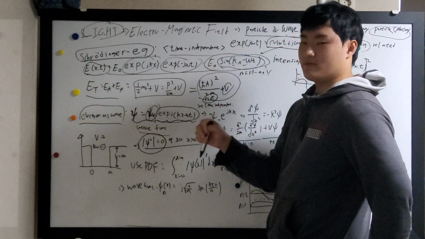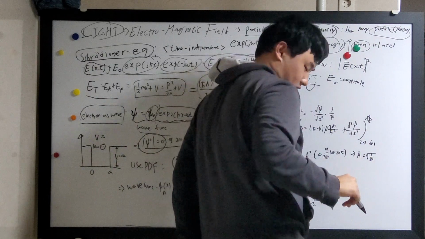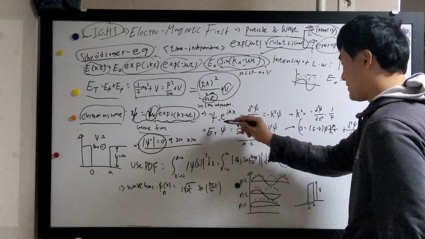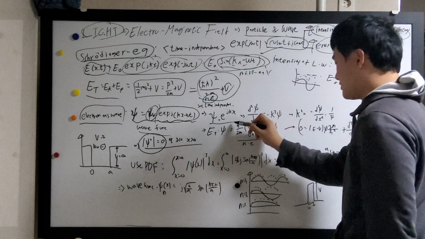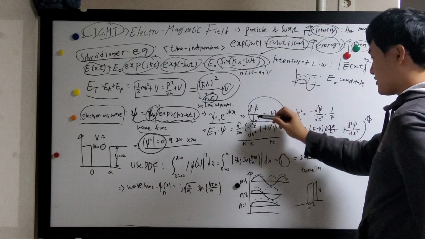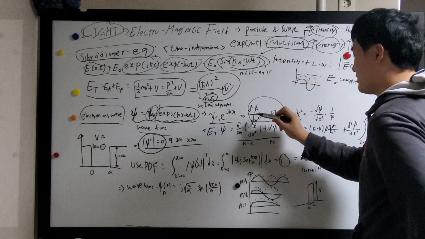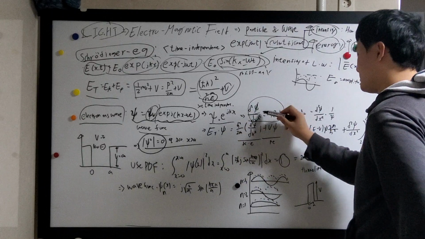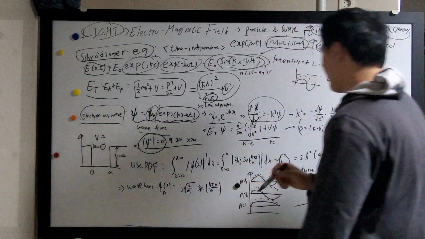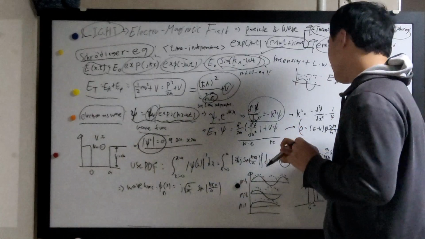This is the wave function of the electron, and applying this, the second derivative, d squared psi over dx squared, is the same as k, the wave number squared, multiplying psi.